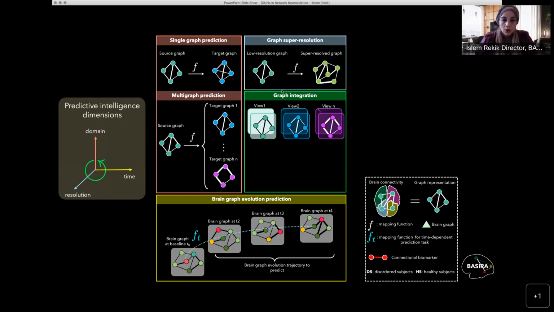There are lots of works on graph fusion and graph integration, but what we have introduced here is the concept of multiple graph integration to create a single brain template of a population. So you have a healthy population, healthy brain connectomes. You learn how to merge all of them into a single matrix, a single graph, and you have another population with atypical disorder, and then you merge all of them and you have these 2 templates.